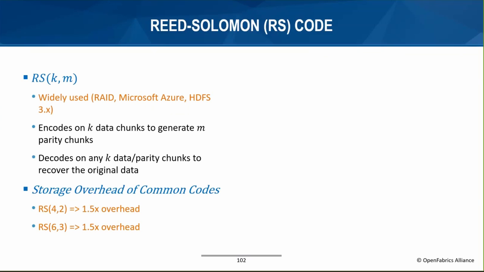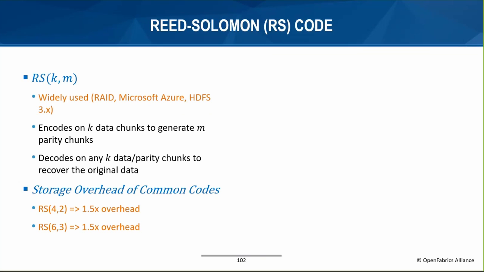It has been widely used in many storage systems like Microsoft Azure storage and HDFS 3.x. With the configuration of K and M, the coder will generate N chunks for K data chunks, and it is able to recover the original data from any K surviving chunks when data corruption occurs.